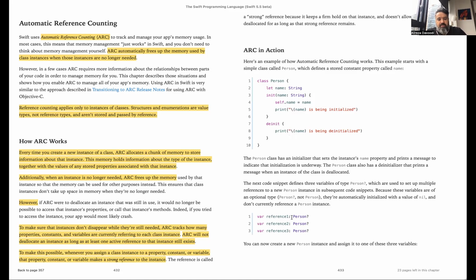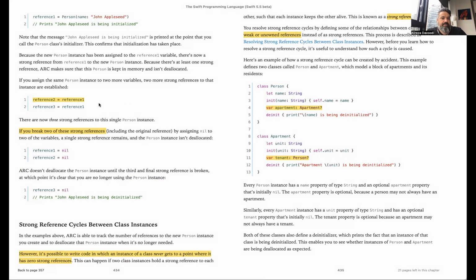Let's say we define some references to Person. Reference 1 is of type Person, reference 2 is of type Person, reference 3 is of type Person, again, optional Person. You just use the initializer of Person, create an object from Person, and then assign this instance to reference 1.